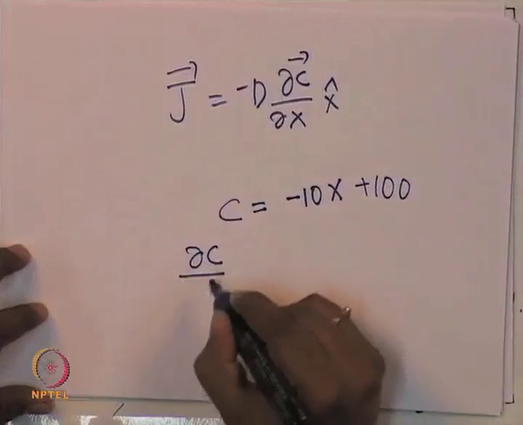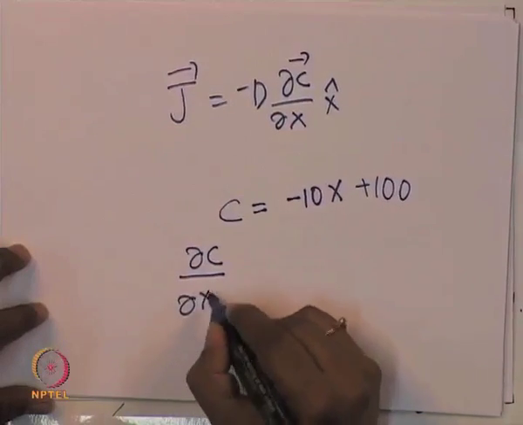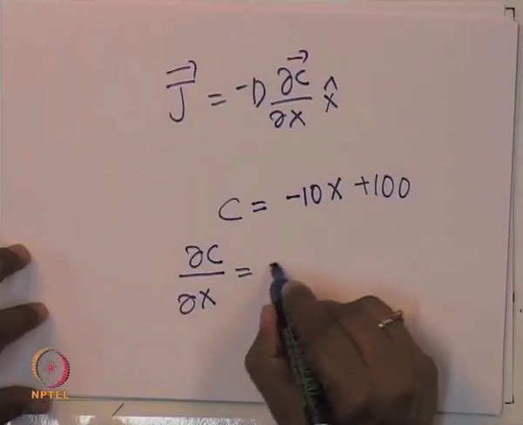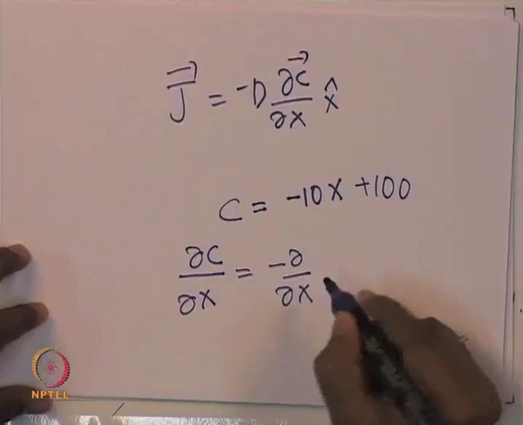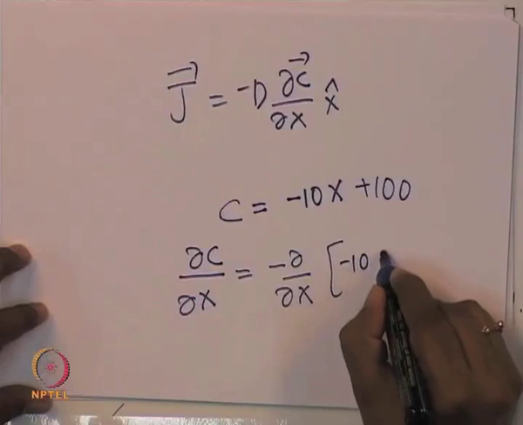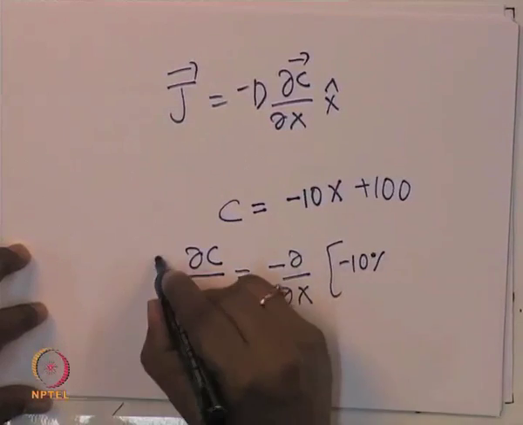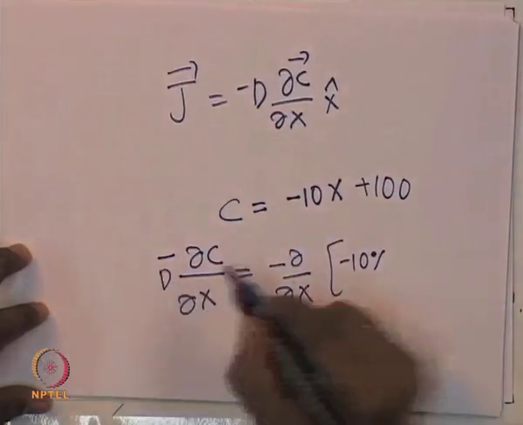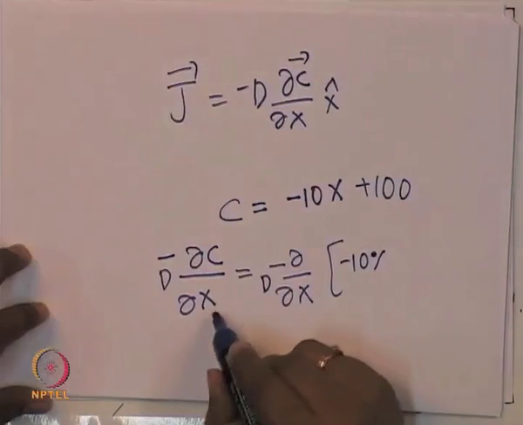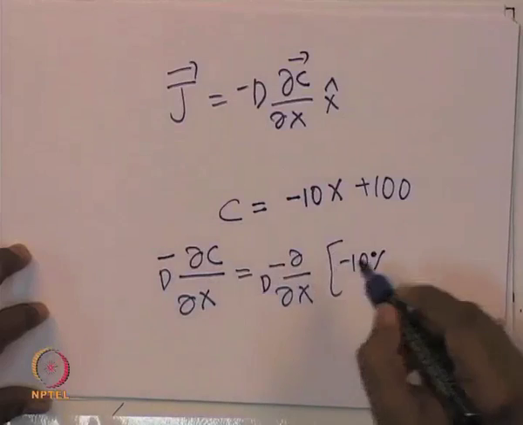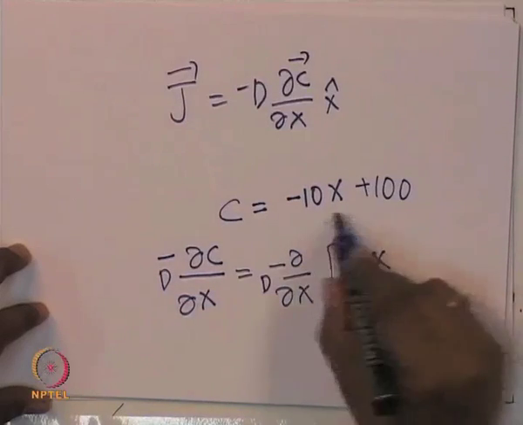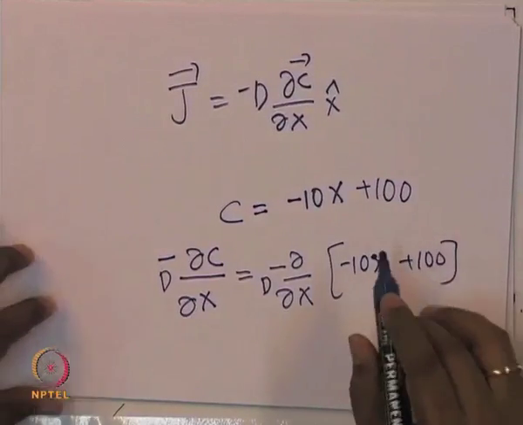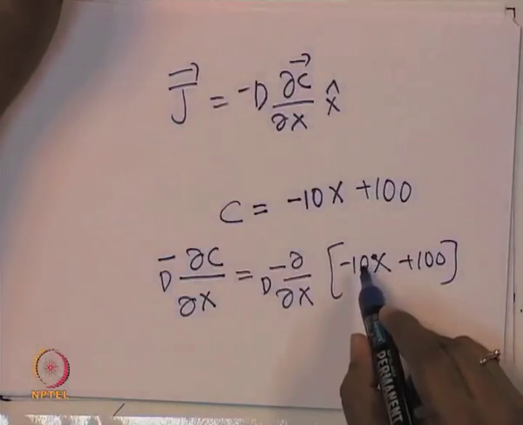Del C by del x, we have to calculate from this. So, J is minus D del by del x of minus 10 x plus 100. Minus and minus becomes plus.